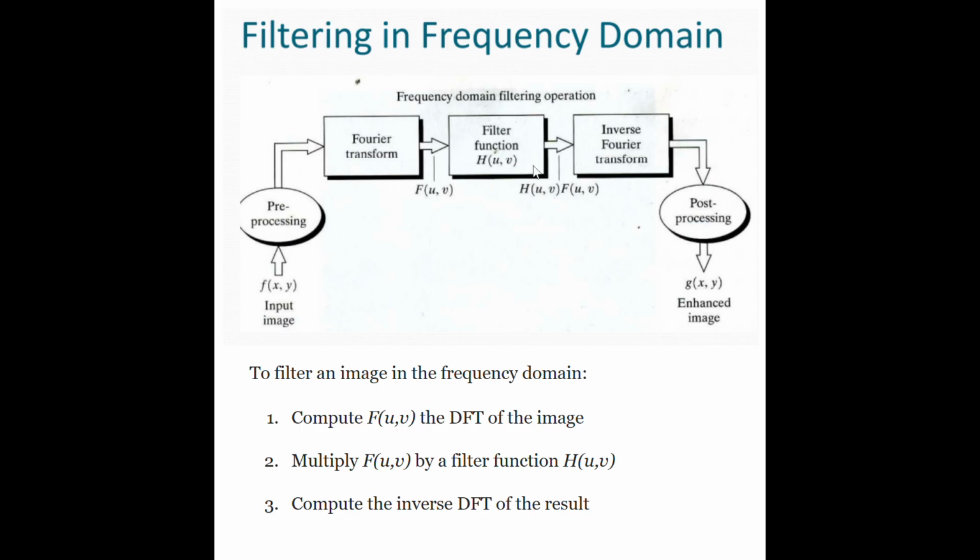Its output, which is the product of F of u,v and H of u,v, is given to the inverse Fourier transform. Then this is given to the post processing, which gives you the enhanced image.